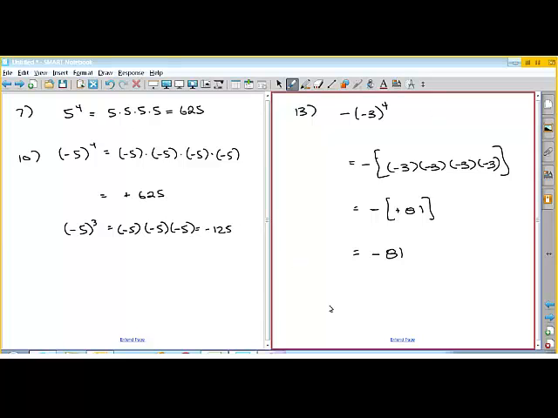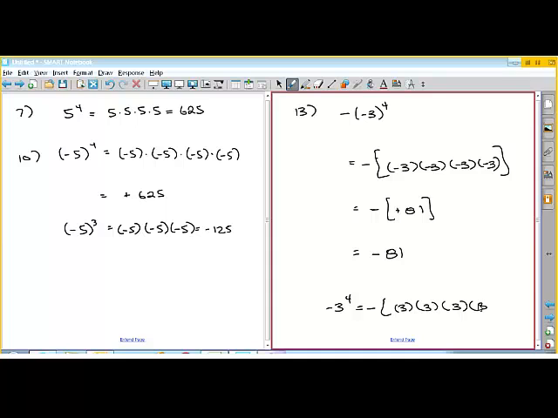Now this contrasts to if you had negative 3 to the 4th power without a parentheses. If you don't have a parentheses, you don't know whether this is negative 3 to the 4th or the negative of 3 to the 4th. And so if you don't have parentheses, you have to assume that this 4th power only applies to the 3's.